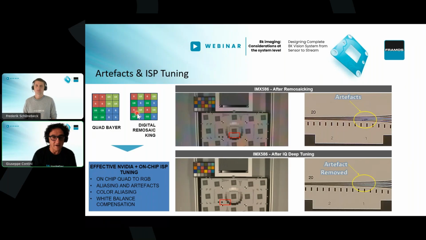So mainly deep tuning means doing the tuning on the chip and enabling the host ISP to communicate information to the chip, such as the white balance and so on. So it's a combined tuning that I call deep tuning.